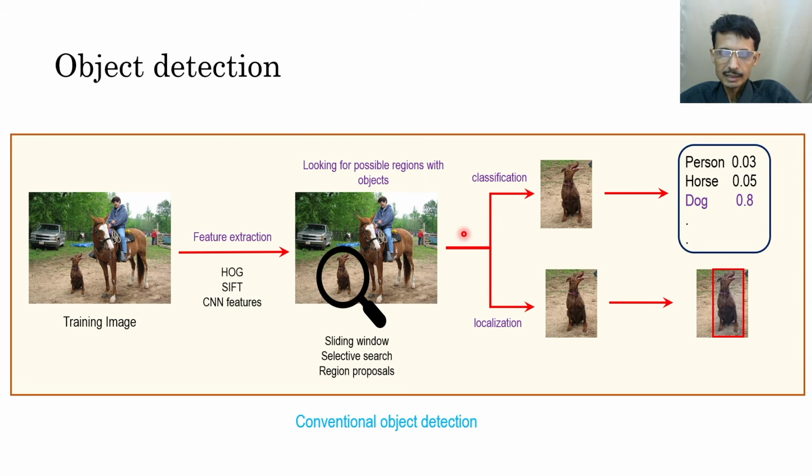What is the basic output of this object detection task? There are two outputs. One is what the object is, and the other is where the object is. That means localization. For example, it is a dog image, and this is the bounding box giving the portion of the total image; here it is localized.